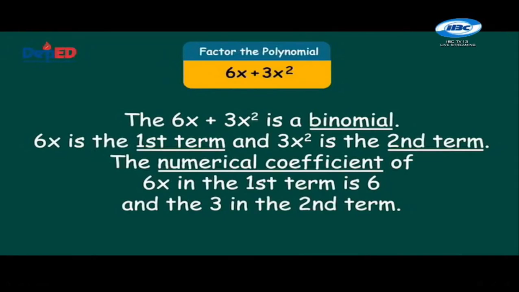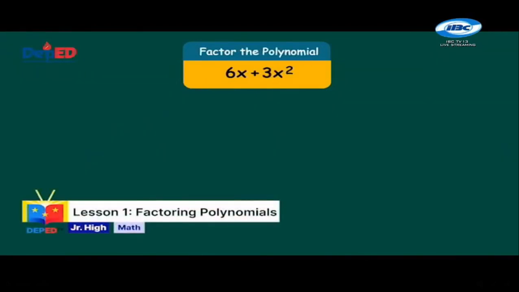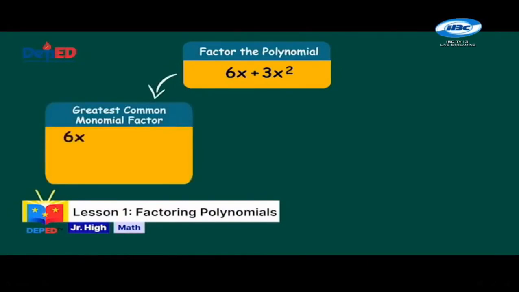The numerical coefficient of 6x in the first term is 6, and 3 in the second term. Observe the literal coefficients. The simplest way to identify their greatest common factor is to get the common variables with the least exponent. By prime factorization, we will get a greatest common factor 3x.